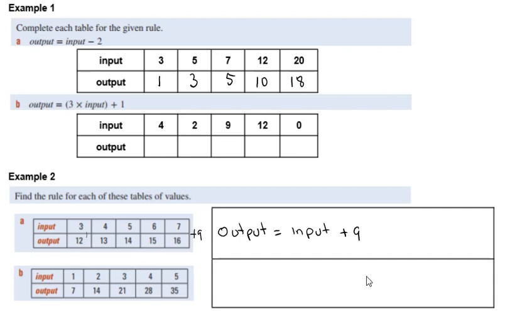So if we put our input numbers into here, 3 plus 9 is 12, 4 plus 9 is 13, and so on. Now let's look at B. B is slightly different. This time I want you to focus on the difference between the outputs this way.